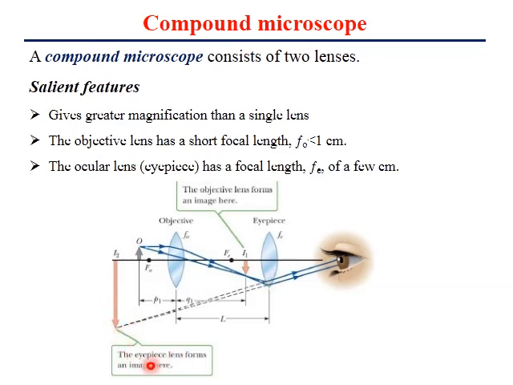So the eyepiece lens forms an image here, which is a highly magnified version of the original object. The objective lens forms an image here, which acts as an object, and then this is the final image. Fine. Very clear.